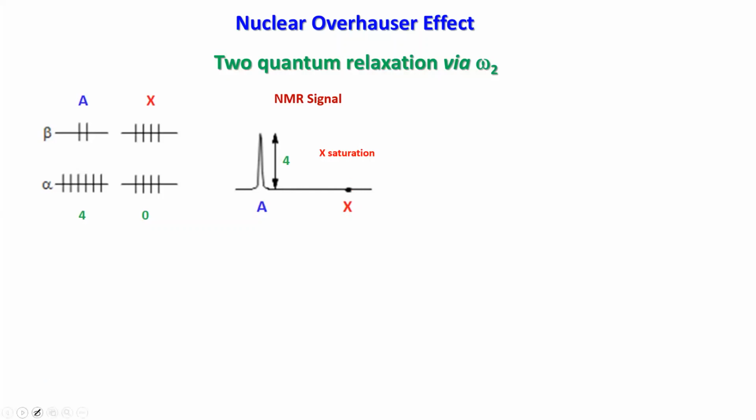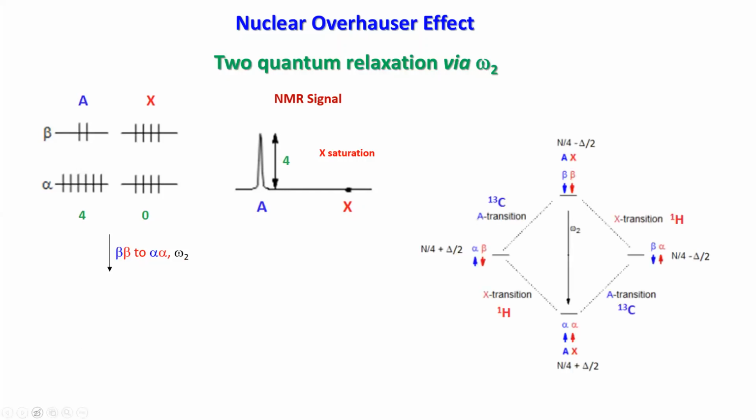Now we are doing the relaxation via the omega 2 route. So what will happen? You will have the beta beta state decaying to the alpha alpha state. If you do that, from beta for A it is a beta to alpha transition, and for X it is also a beta to alpha transition.